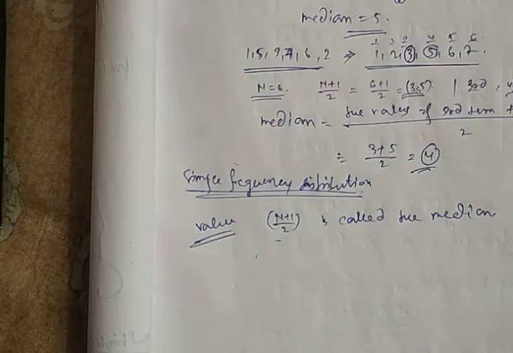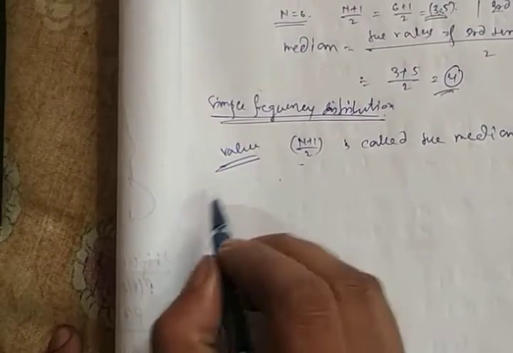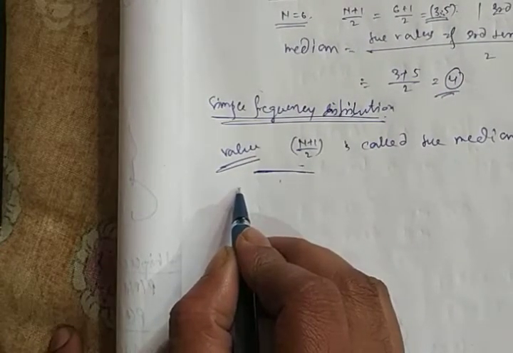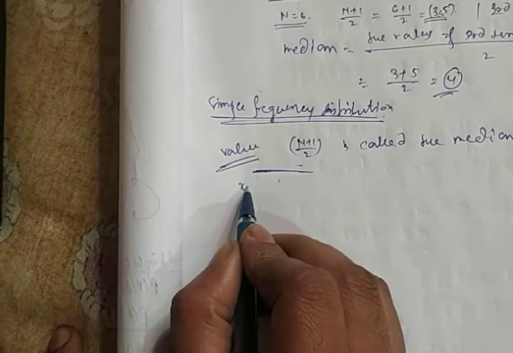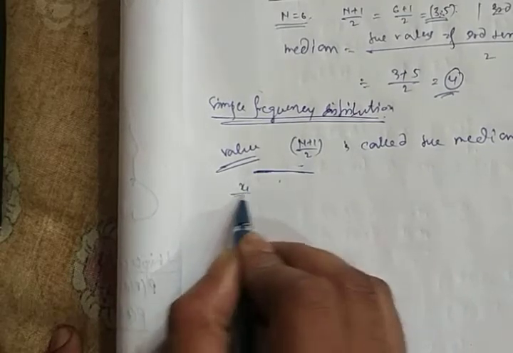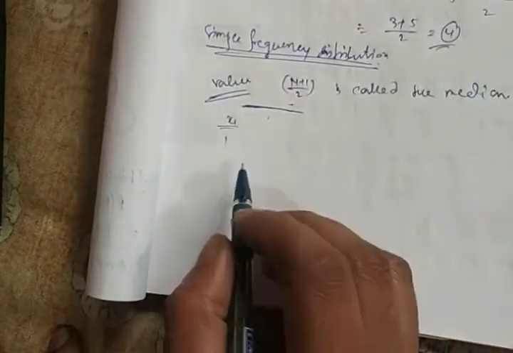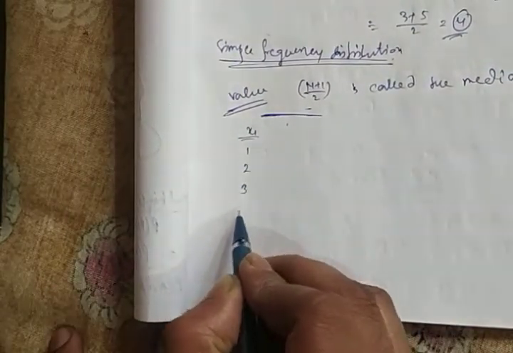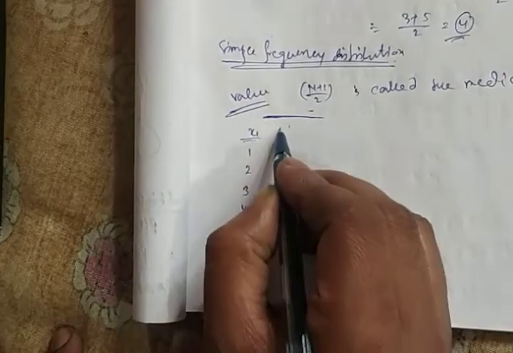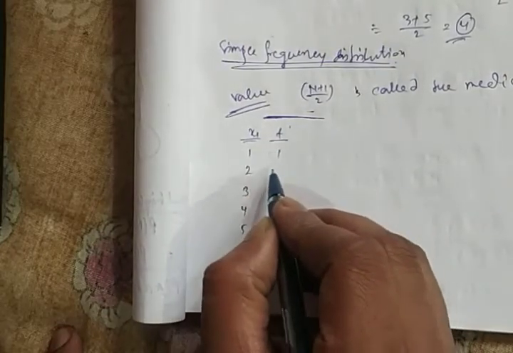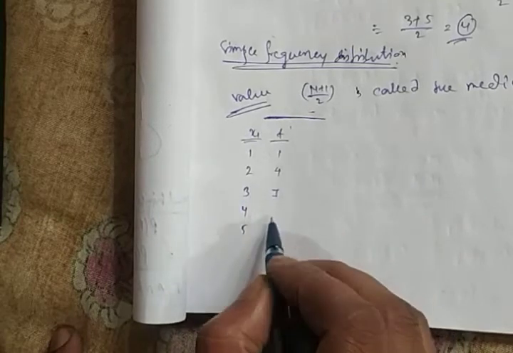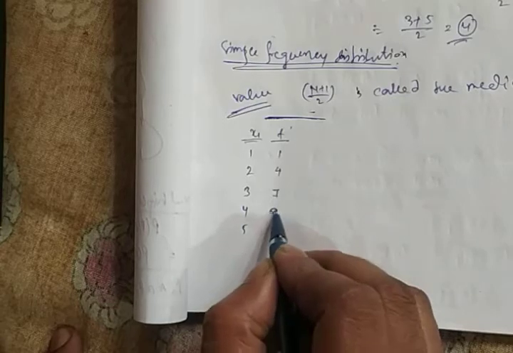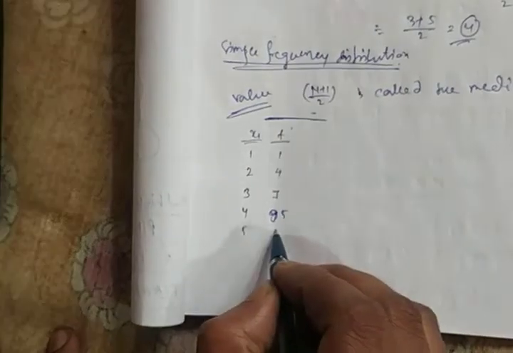Let us take an example. Let the values x be 1, 2, 3, 4, 5, with corresponding frequencies 1, 4, 7, 5 and 3.